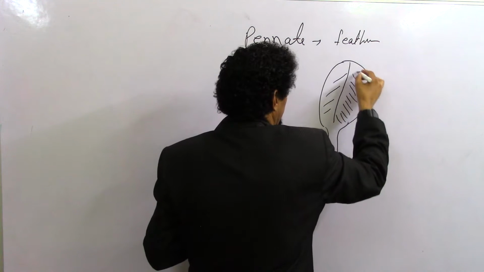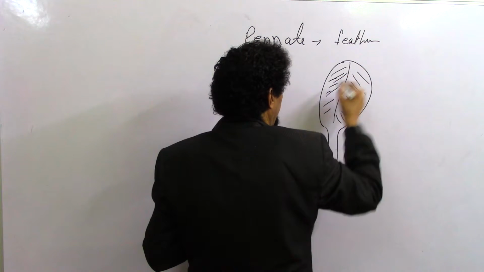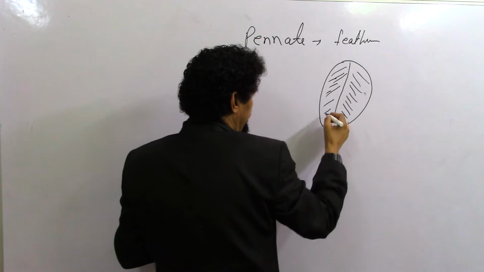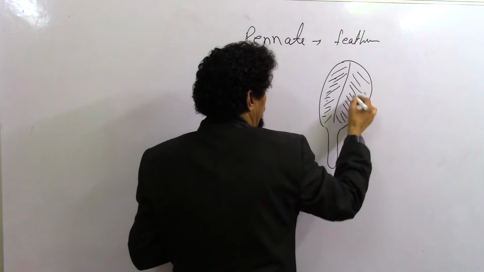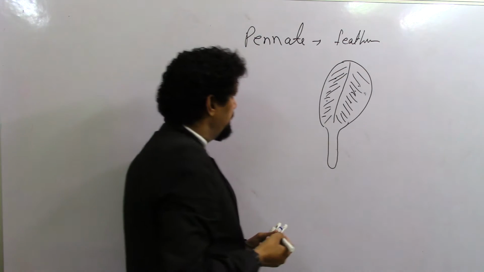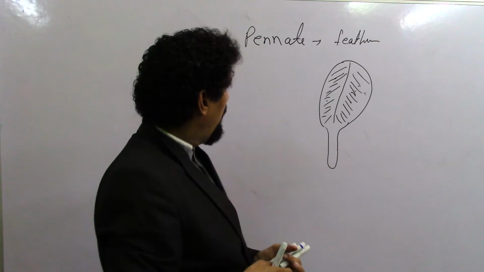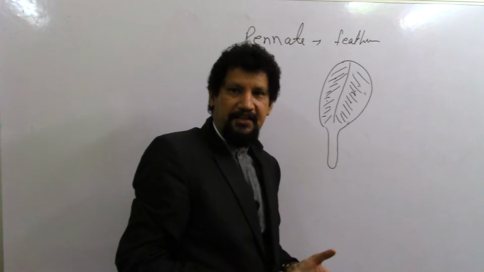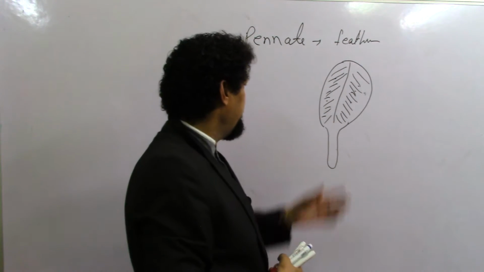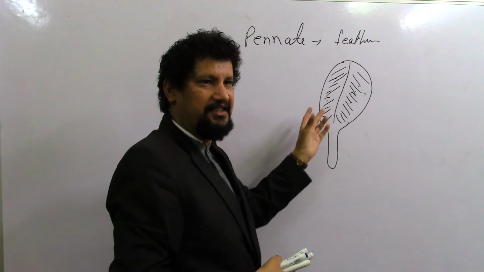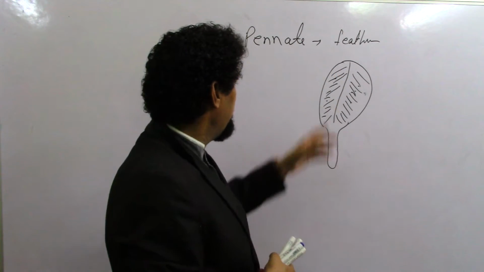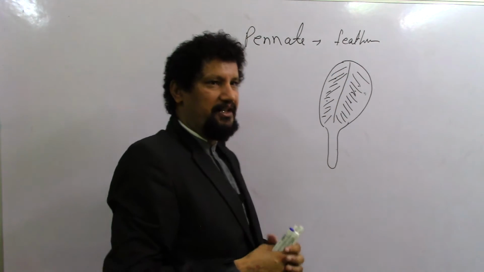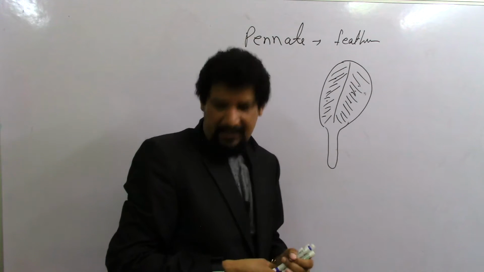A feather has a shaft and a handle, and also a central, I can say central tendon in case of muscle, but here we can't say this is the tendon. So this is a feather, and the feather-like pattern of muscle is known as the pinnate pattern.